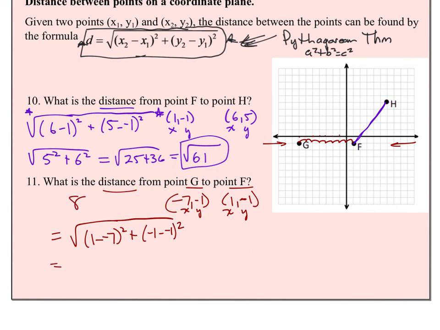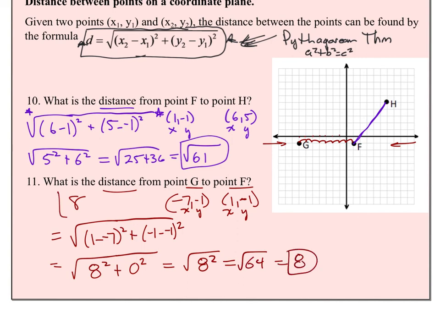But now look what happens. 1 minus a negative 7 becomes 8. Negative 1 minus a negative 1 becomes 0. So that becomes just the square root of 8 squared, which is the square root of 64, which is just 8, which is what we had originally.